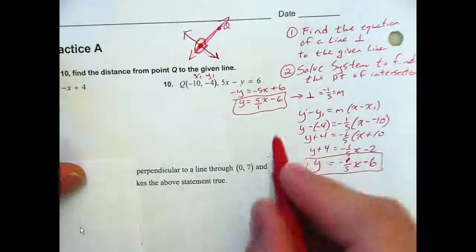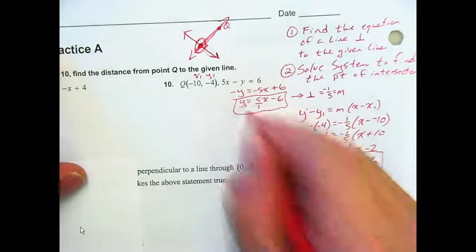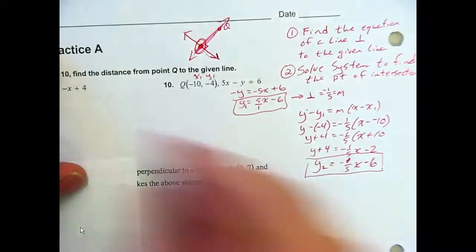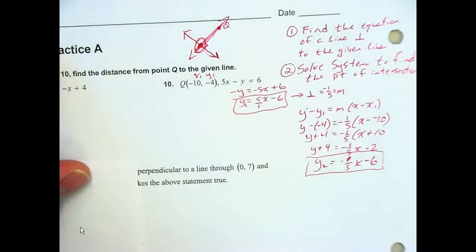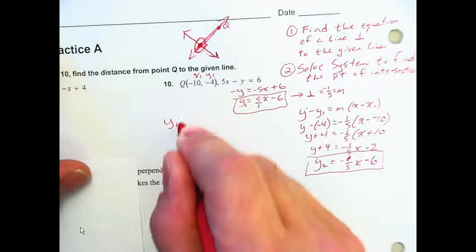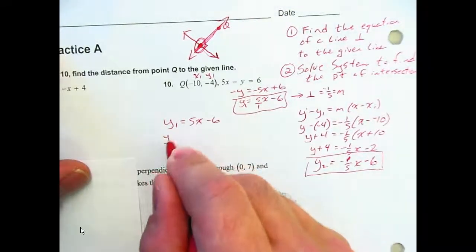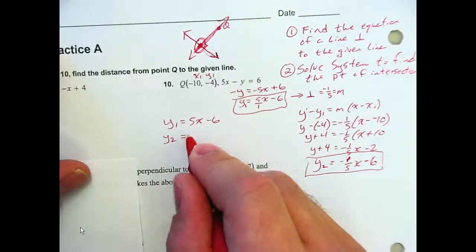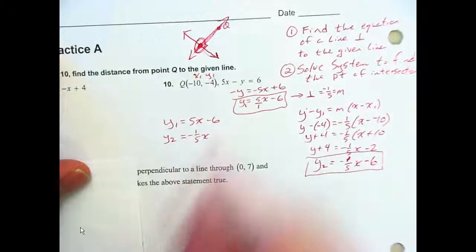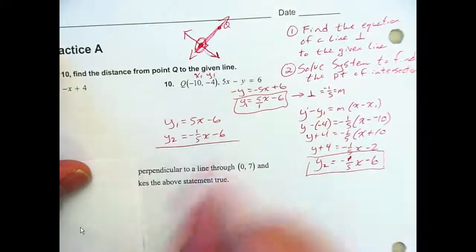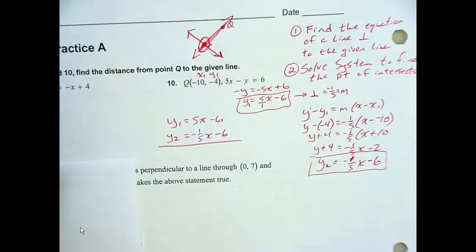All right, so if we take y sub 1 and y sub 2, we can say, okay, our first equation and our second equation, and if we add those, Maddie? Yep.